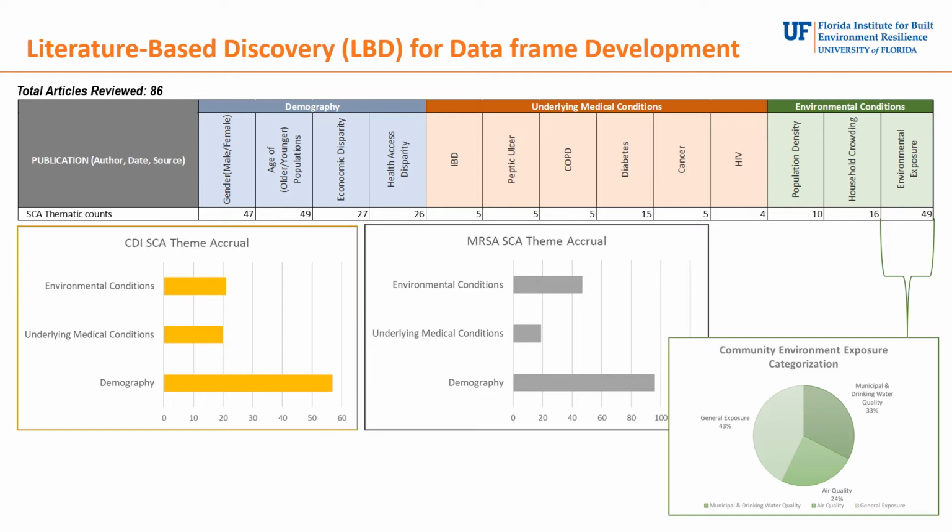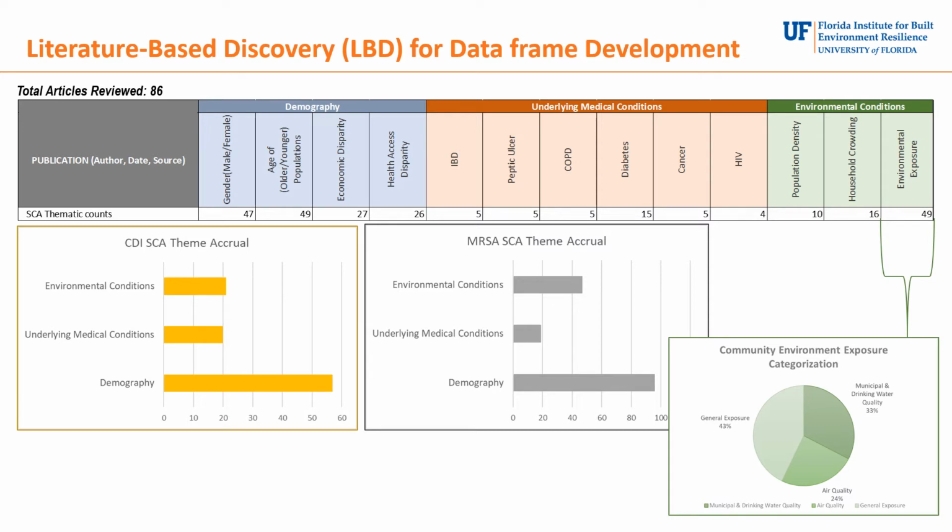In order to determine the types of social, economic, environmental, and demographic factors that were most closely related to the prevalence of these particular types of bacterial infections, a summative content analysis approach was taken. This method facilitated the determination of prevalence of themes in the 86 studies that were reviewed in this literature-based discovery.